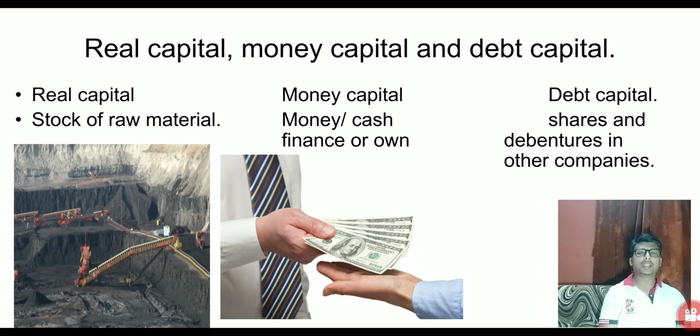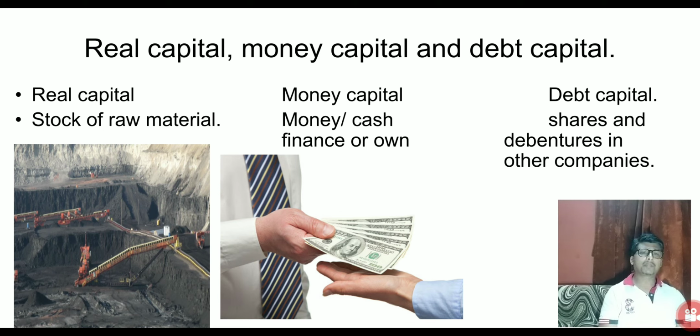Money capital is the amount of cash or money which we have in the vault or the bank, which could have been acquired from our own resources or by finance. If I have say 5 lakh rupees and I have kept it in a business, that will be called money capital, or if I have taken a loan from some bank or some organization, that will also be called money capital.